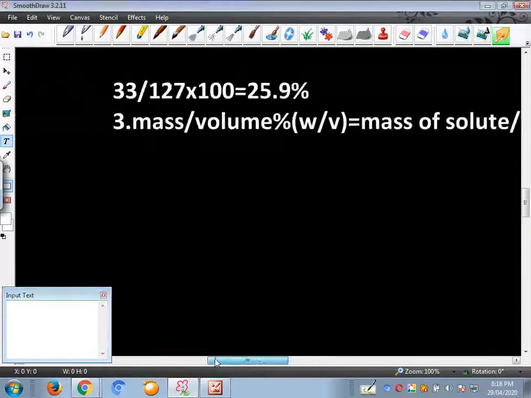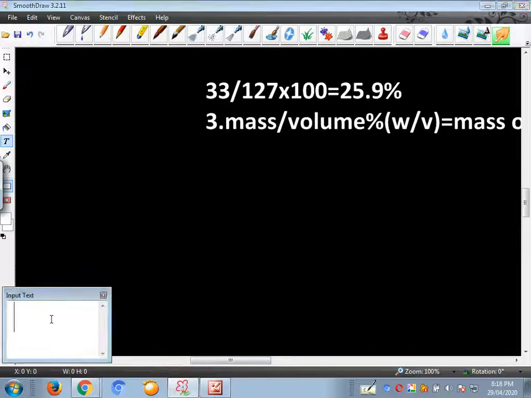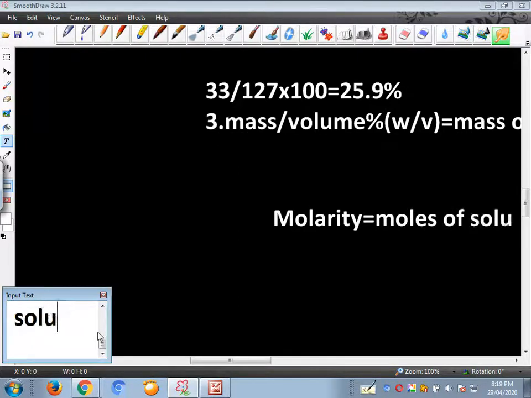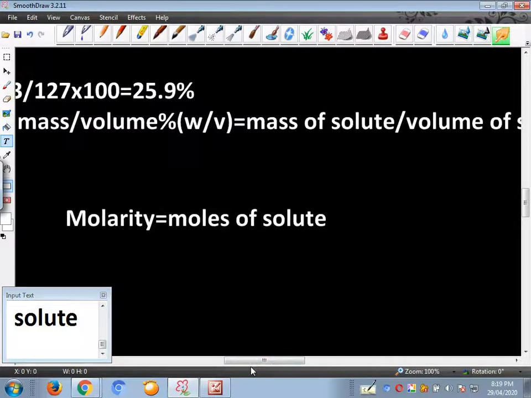As we are discussing molarity, we have seen the formula: molarity is the ratio of moles of solute which is present in 1 liter of solution.